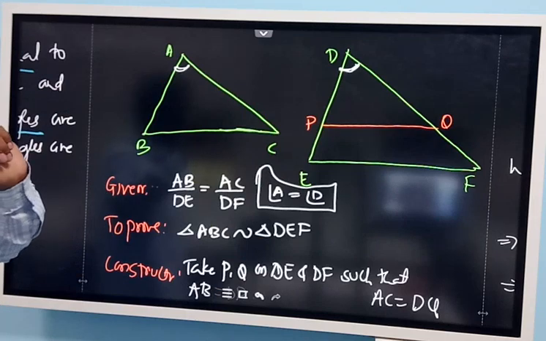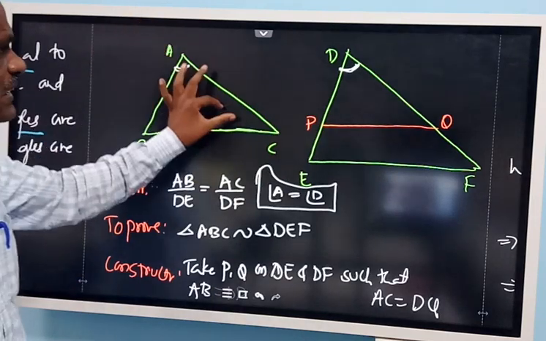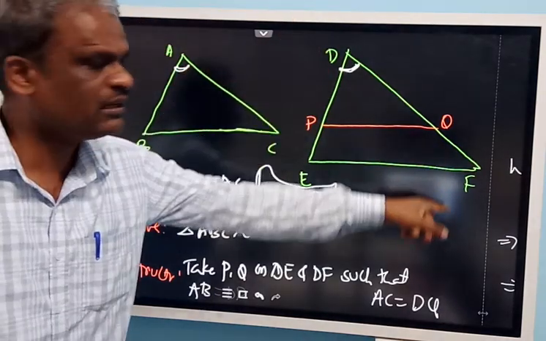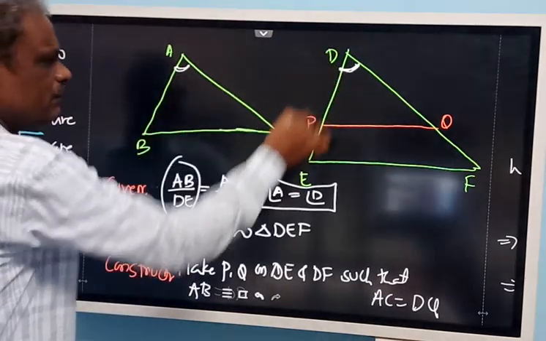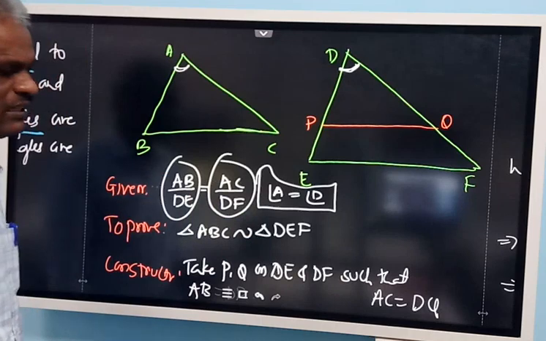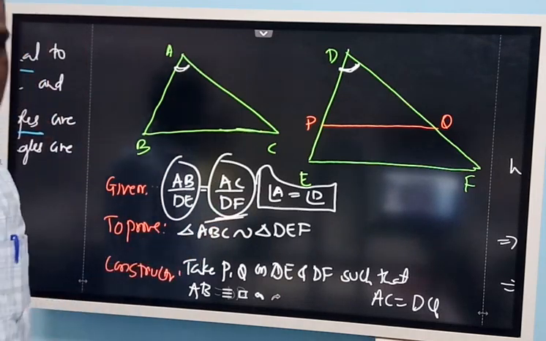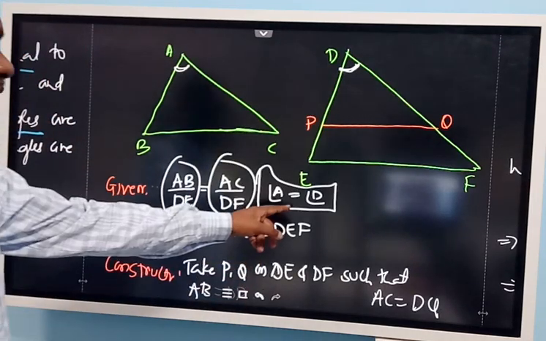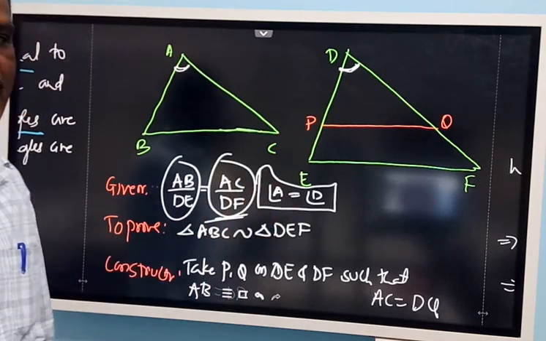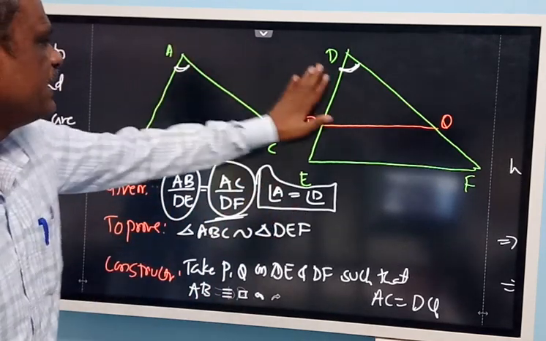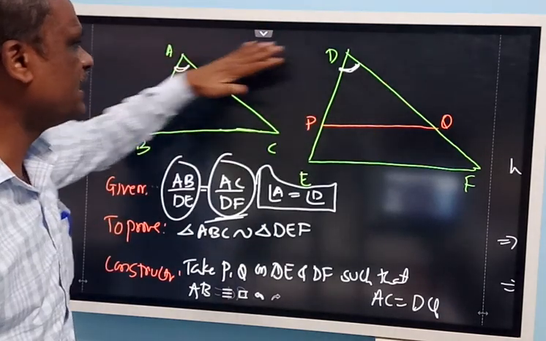AB and AC, and here DE and DF. So AB by DE should be equal to AC by DF. These are the two sides including this angle. Two sides are proportional and one included angle equal: AB by DE, AC by DF, and A is equal to D.